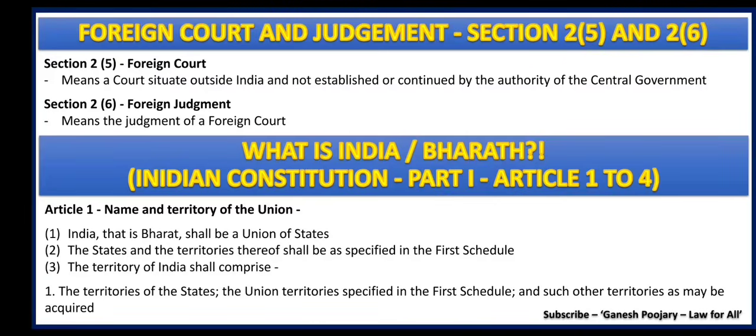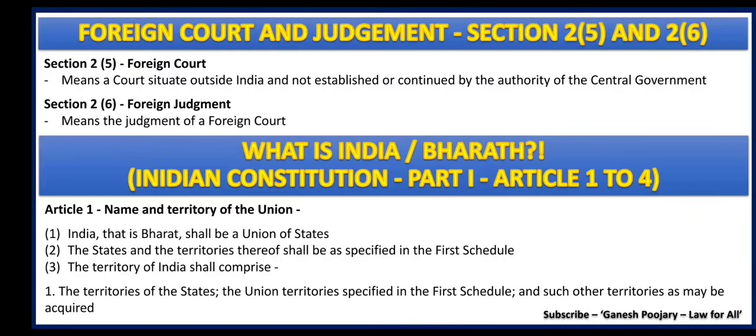So to see which are the states, we have to refer first schedule. There is a schedule available where all the names of the states and territories is mentioned. And thirdly, the territory of India shall comprise, what is that? The territories of the states, the union territories specified in the first schedule.